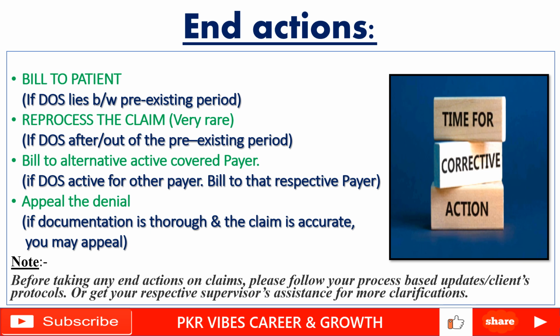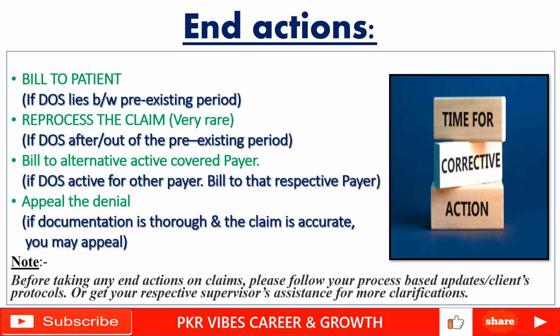For example, a diabetes patient has had diabetes for 1 year, and the pre-existing period for diabetes is 1 year, and our date of service is after 1 year. We are after the pre-existing period, and we prove this information as per the medical condition and medical records to the insurance representative over the phone call.